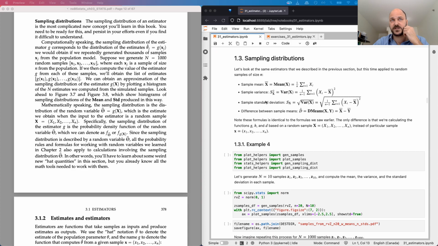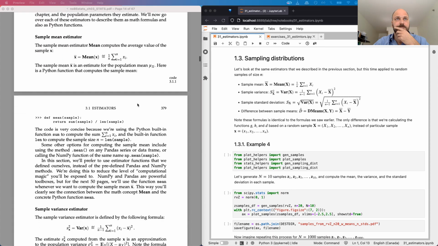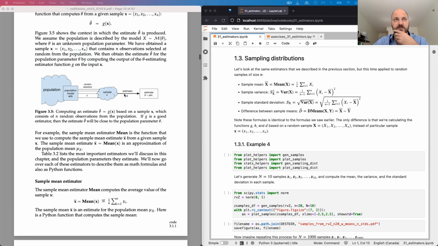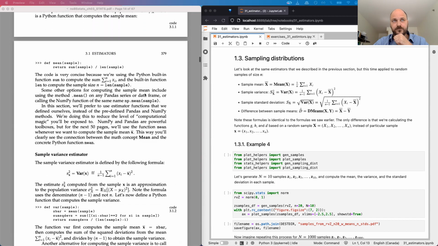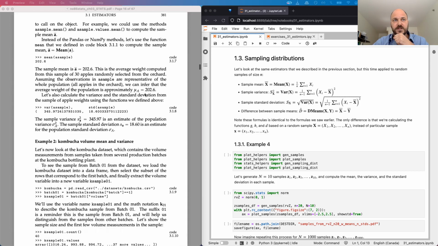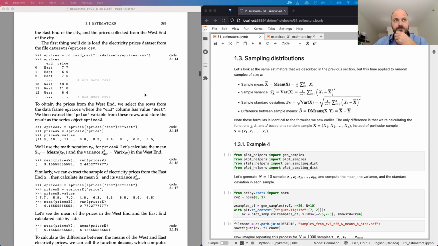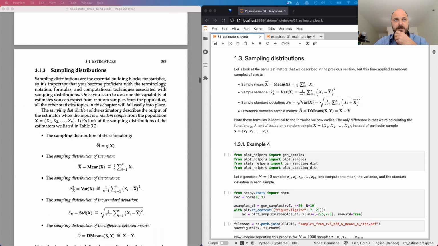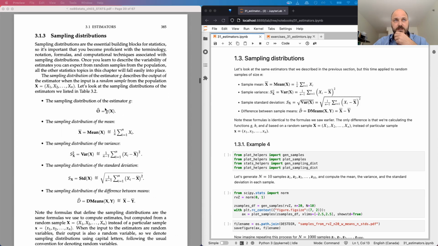Okay, so the sampling distribution, here is the picture. Given a particular sample taken from the population, you compute an estimate. Now the sampling distribution, sorry for the scrolling, is what happens when instead of inputting a particular sample, you input a random sample. Okay, so this is a theoretical concept.